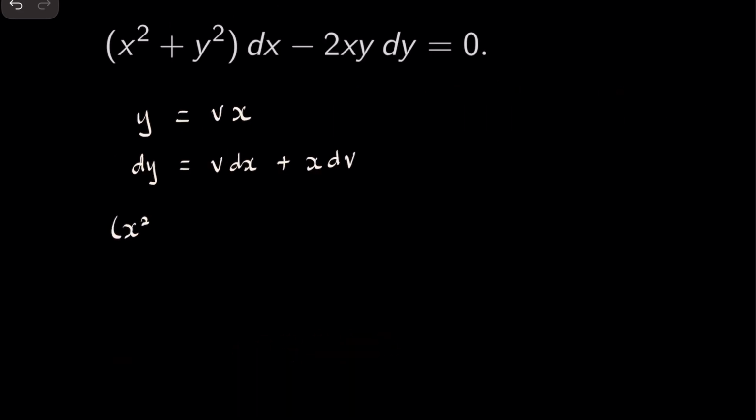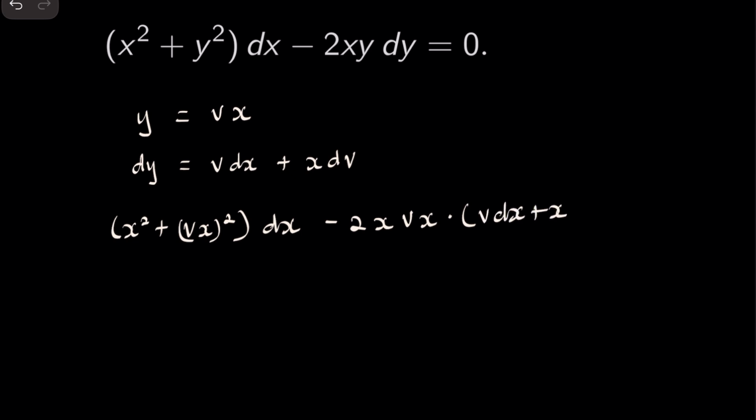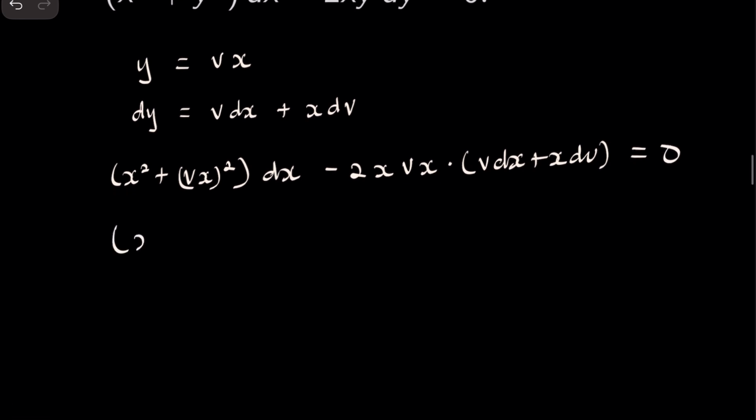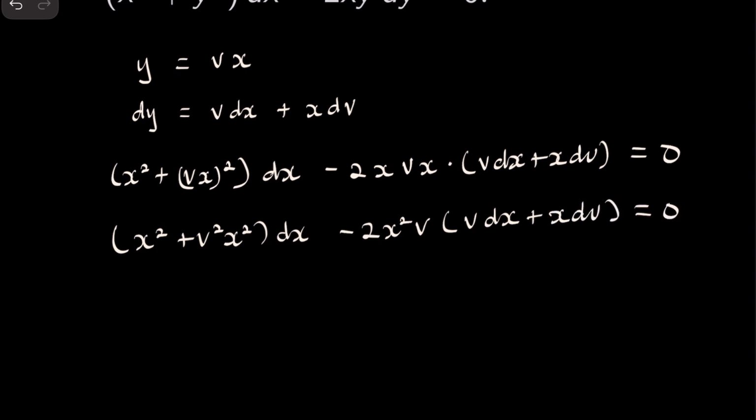Thus, you have x² + y², but y is now vx, so you have (x² + (vx)²)dx − 2x, but y is vx, then times dy, but dy is v dx + x dv, equal to 0. Now let's simplify. You have (x² + v²x²)dx − 2x²v(v dx + x dv) = 0.